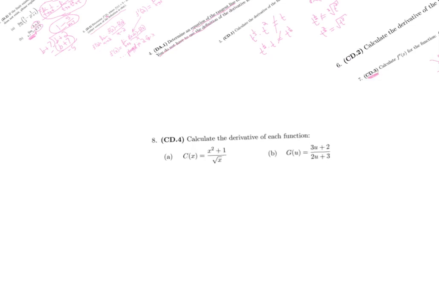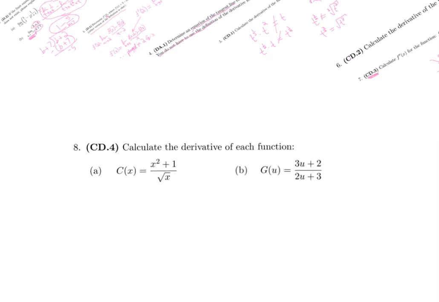And then finally, number 8, people did pretty well. It was interesting that more people did well with the quotient rule than the product rule. So it looks like people studied the quotient rule much more than they did the product rule, or maybe were not able to identify that product rule was happening in other problems. So for part A, some of you actually figured out a way to do it without using the quotient rule.